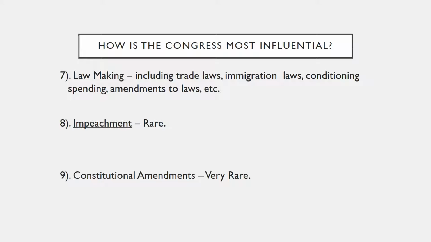One is an economic crisis, and then the other is a failure of war, of course, which would be related to foreign policy. And then finally, another formal power of the Congress is to call for constitutional amendments, but of course this is very rare.